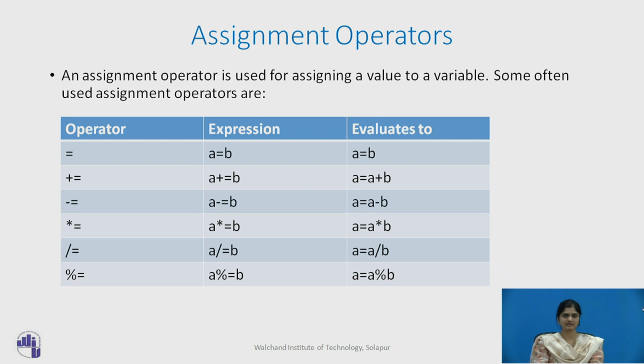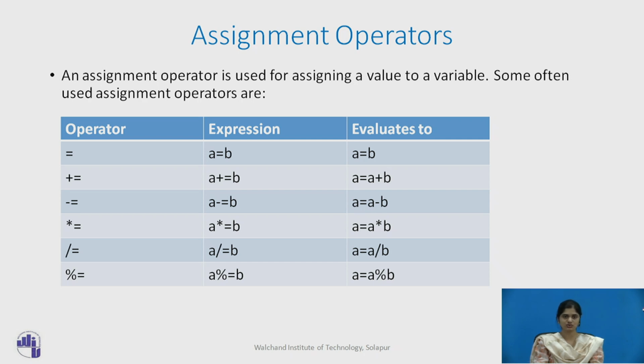Next type of operators are the assignment operators. Assignment operator is used for assigning a value to a variable. Some often used assignment operators are is equal to, that is assigning the value on the right side of is equal to the left side variable. If we take the expression a is equal to b, the value of b, that is the right side operand, is given to the left side operand, that is a.